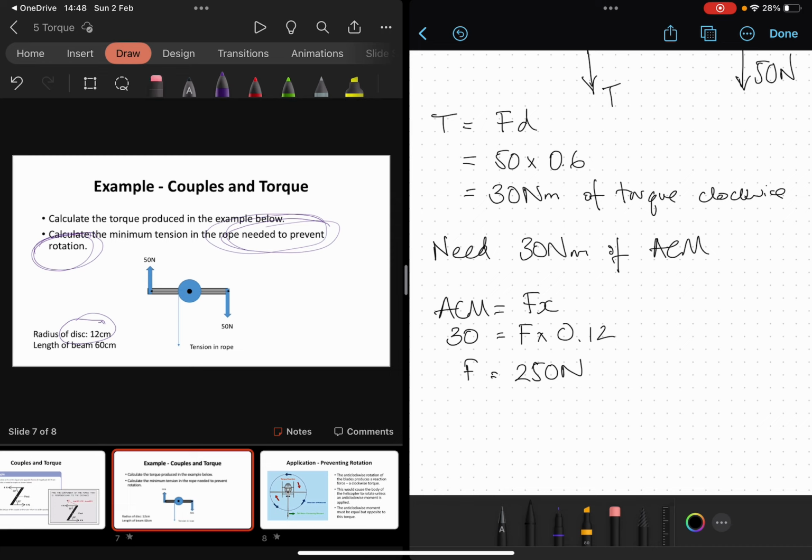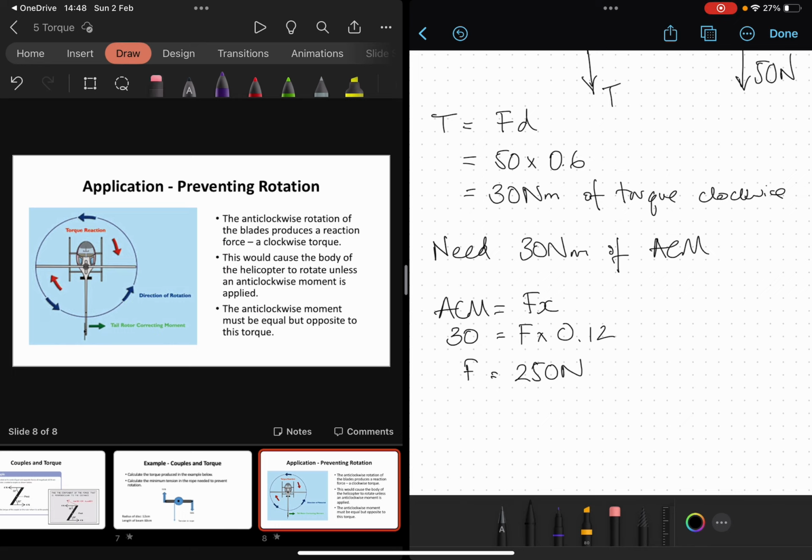So if I pull on that rope as shown with a force of 250 newtons, it is providing a 30 Newton meter anti-clockwise moment in order to prevent rotation because we've got a clockwise torque of 30 Newton meters. So we are applying an equal and opposite amount of anti-clockwise moment to counteract the clockwise torque. So you've got moments and you've got torque in the same question.